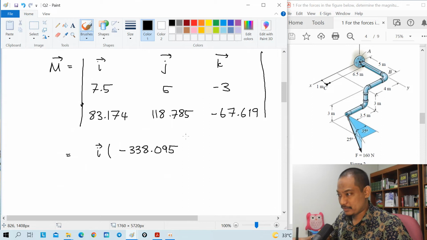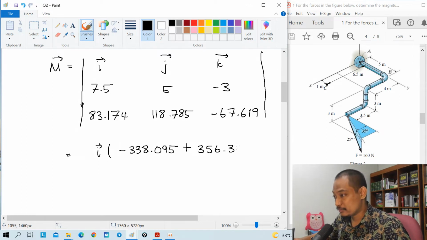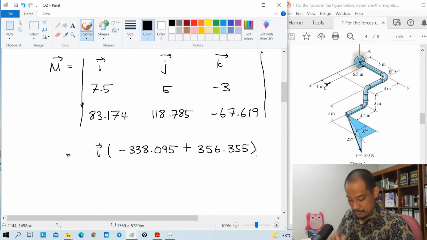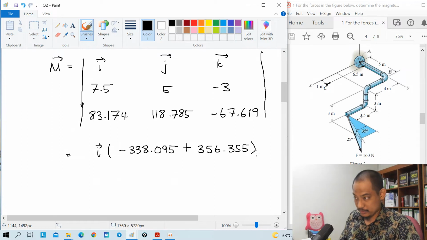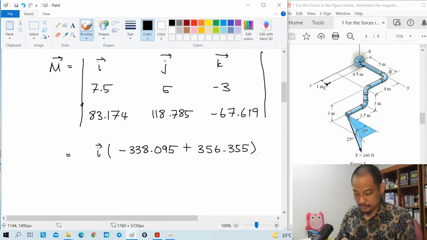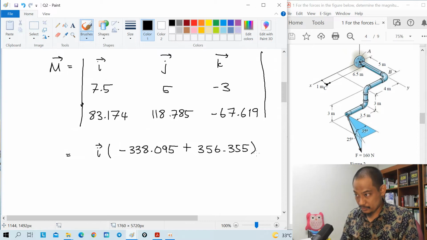Minus becomes plus, 356.355. Okay, double check. 5 times 67.619, 338.095, and then 3 times 118.785, 356.355.